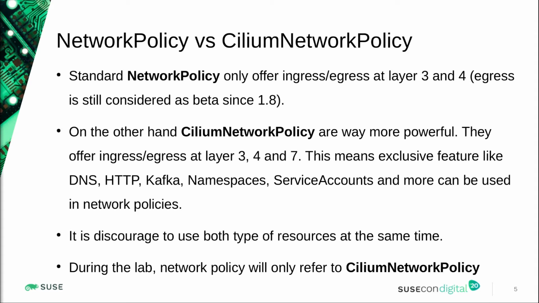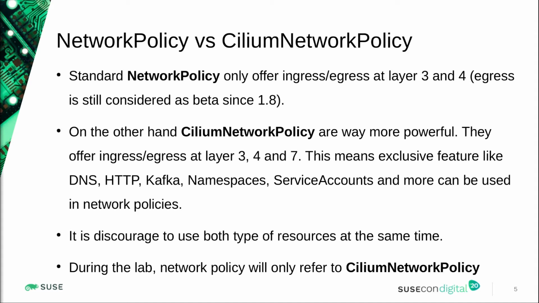This means that we can use features like DNS, like I was saying before, we can filter on FQDN, we can filter on HTTP. So for example, you can just say, I'm allowing this type of request on this specific path only, and if you try to do a method which is not allowed, then you will have an access denied.